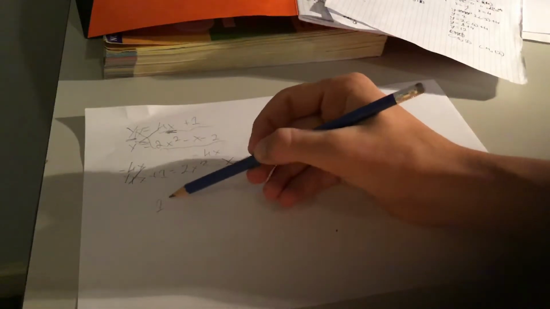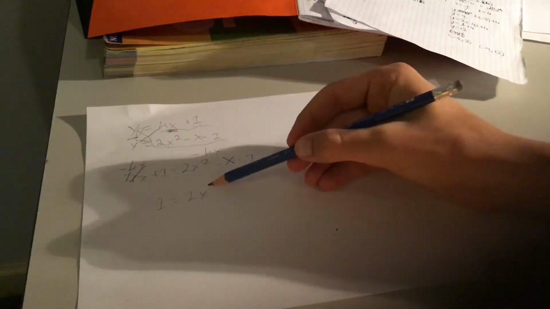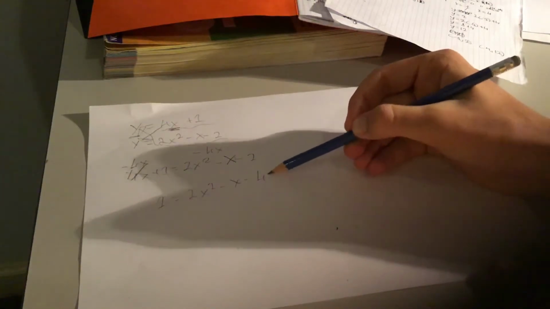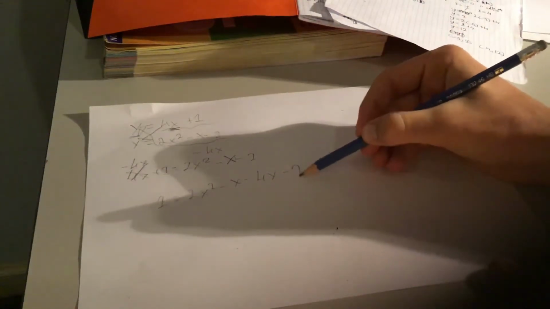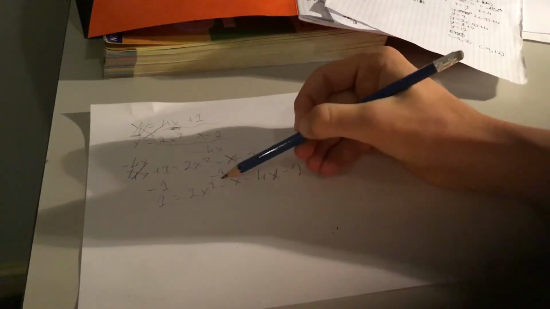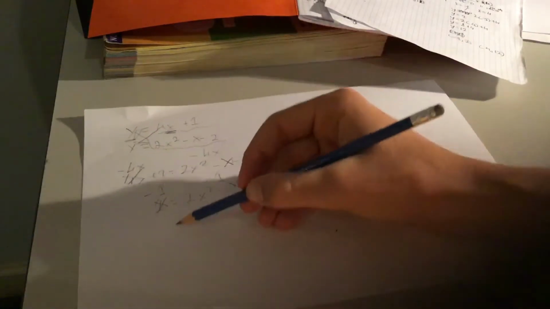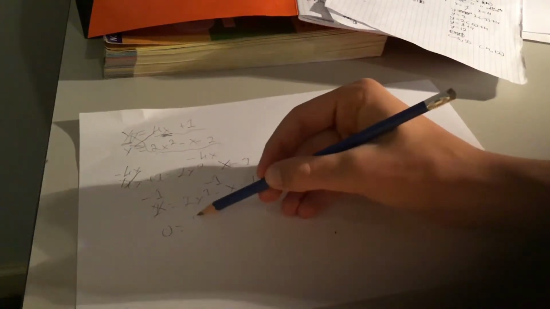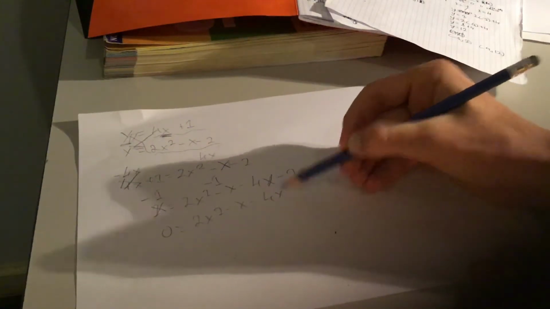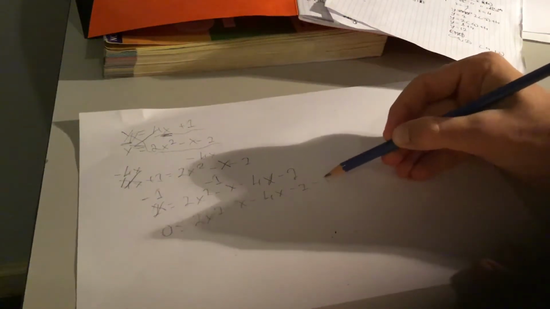So that leaves us with 1 equals 2x squared minus x minus 4x minus 2. And then we just minus 1, same principle. And we have 0 equals 2x squared minus x minus 4x minus 2 minus 1.